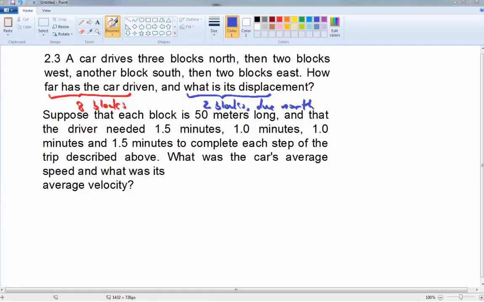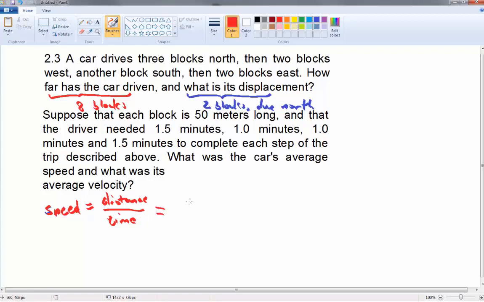Alright, so now to determine what the average speed was, what we have to do is use that the speed is equal to the distance divided by the time to travel that distance. Since we've already used that equation, I'm not going to go back to the notes to show where this is coming from.